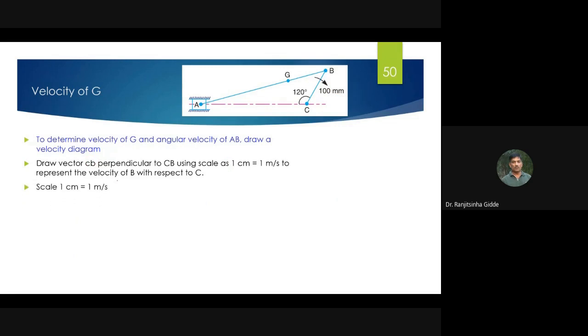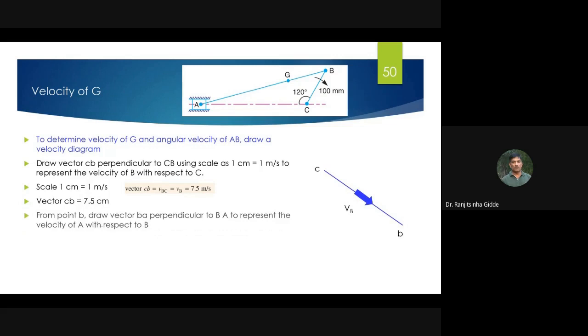So 1 centimeter is equal to 1 meter per second. Vector CB is 7.5 centimeter. So we know VBC is equal to VB is equal to 7.5 meter per second, and we have drawn this vector. Then from B, draw vector BA perpendicular to this.